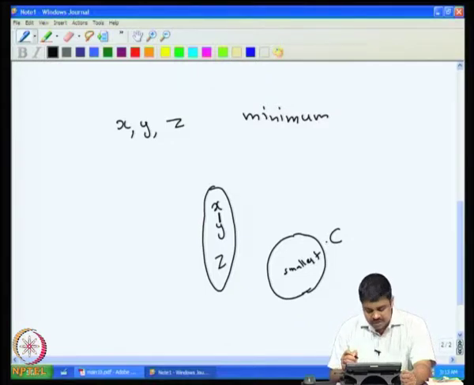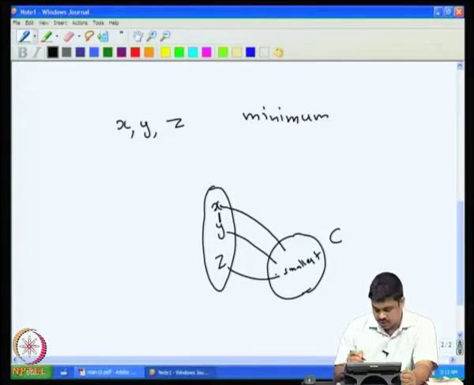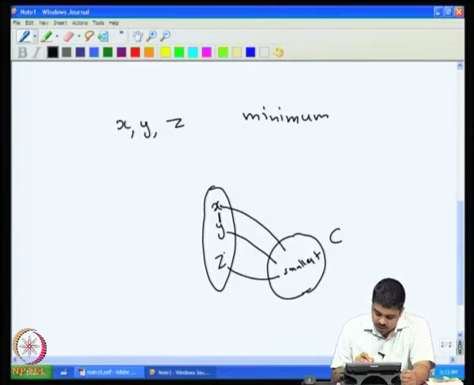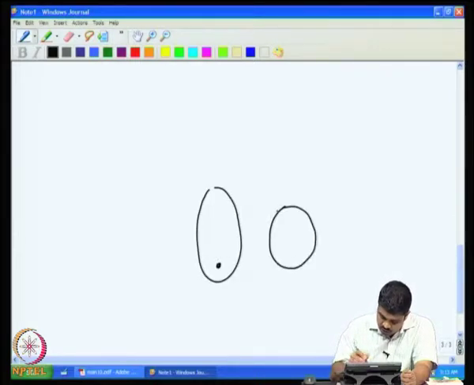Now an interesting property of a minimal separator, whichever, is this. If you look at this vertex, you will have a connection to this component, as we explained in the last class. Suppose that connection is not there. For instance, if you had a minimum separator here, and here is one vertex which is not connected to a component here, so there is no connection between this vertex and this component.